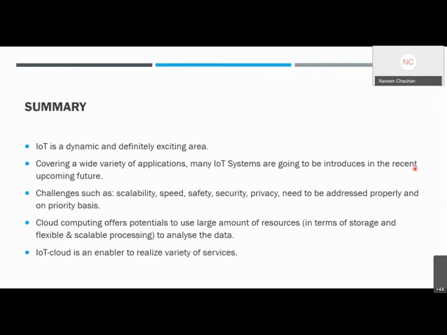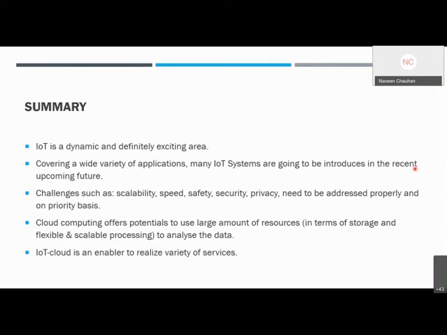And cloud computing offers the potential to use a large amount of resources in terms of storage, flexible and scalable processing to analyze the data. And IoT Cloud is an enabler to realize a variety of services.